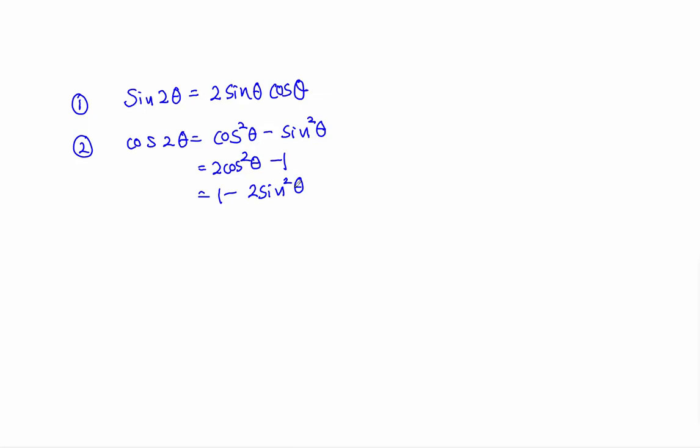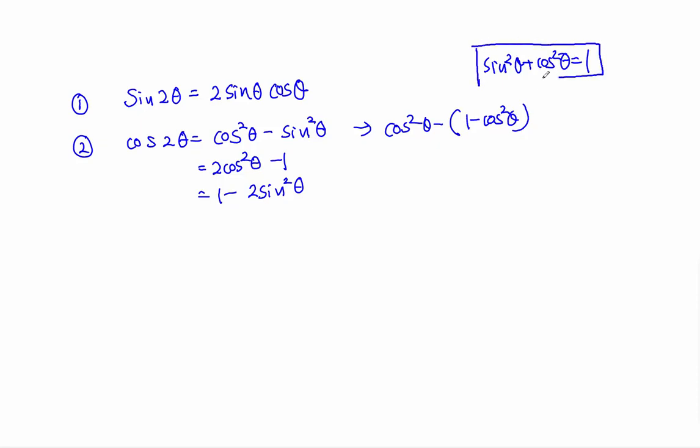Double angle, okay? If you want to express it in only cosine, you know that sine squared theta plus cosine squared theta equals 1, right? This is the Pythagorean identity.